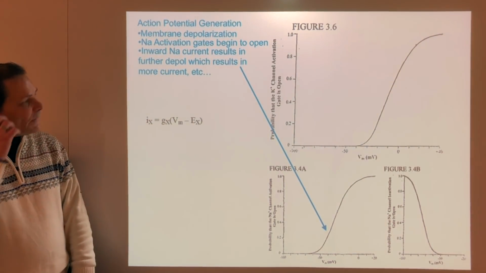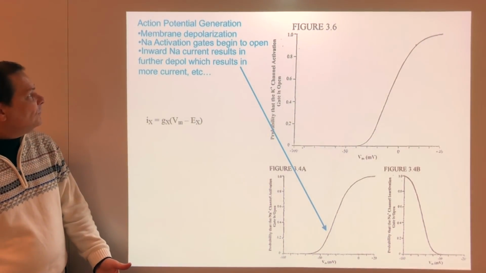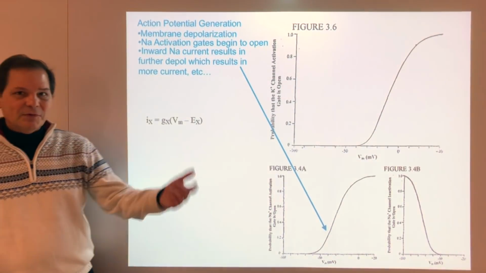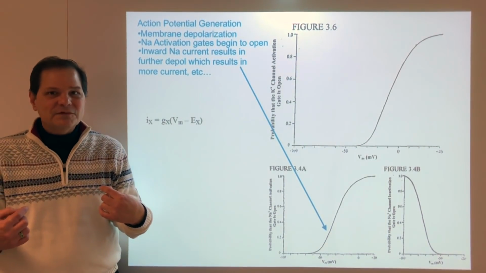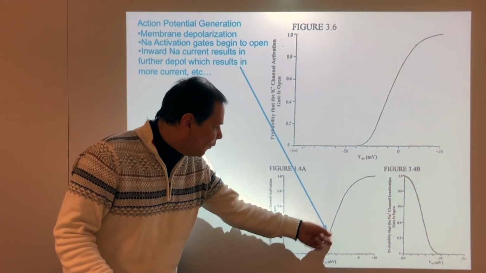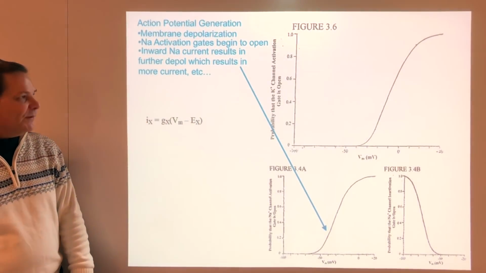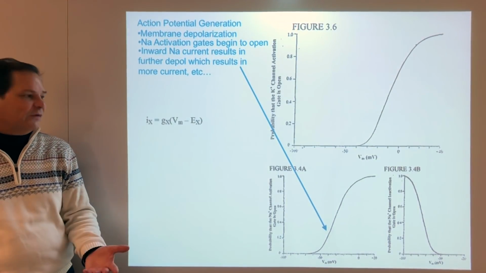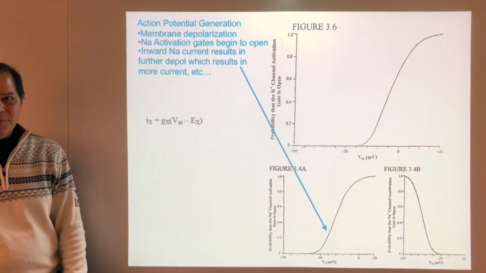Okay, so sodium current begins to flow, and as the sodium flows in, you're bringing positive charge into the cell. That raises the membrane voltage even more, and so now you've flipped open more activation gates, okay? And when you flip open more activation gates, you bring even more sodium in, you raise the voltage even more, more activation gates open, okay?